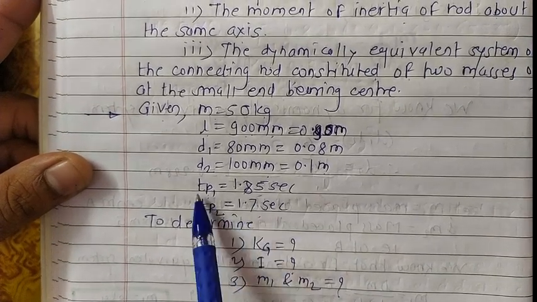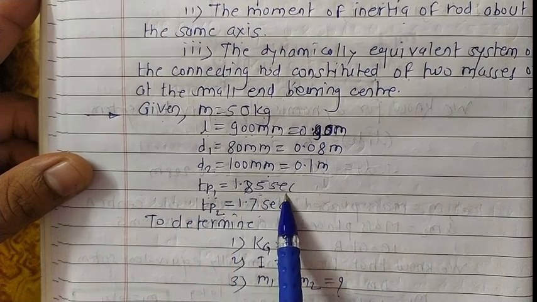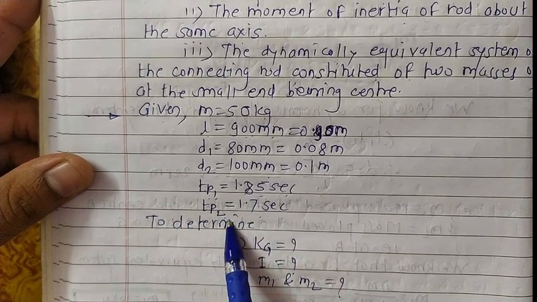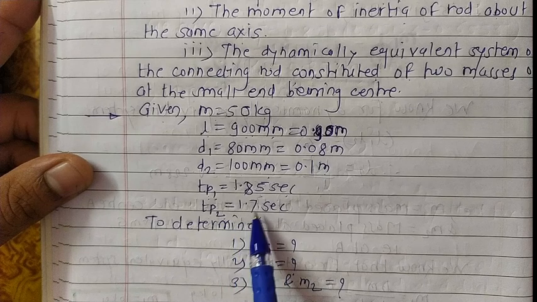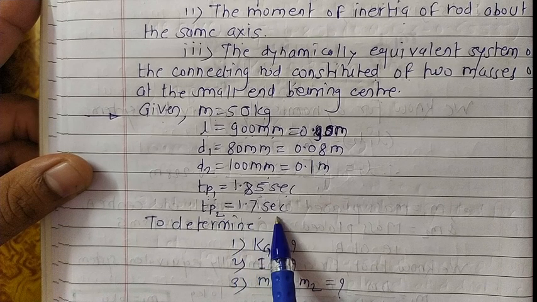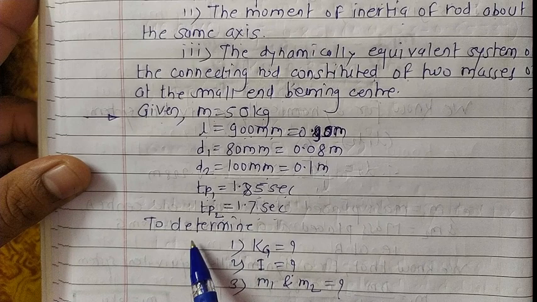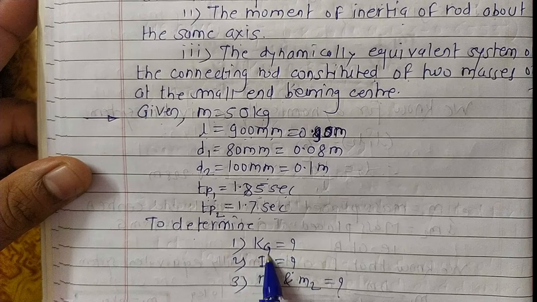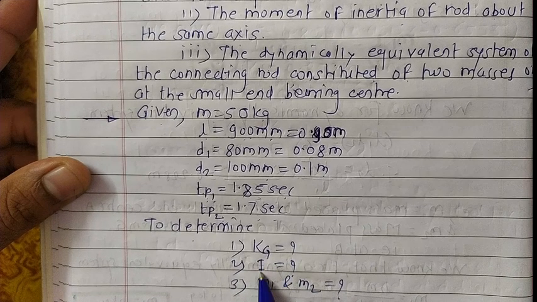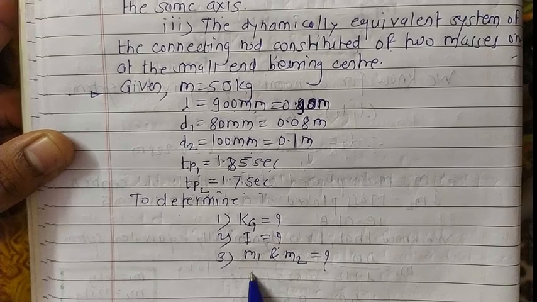So TP1 is 1.85 seconds and TP2 is 1.7 seconds. Our ultimate aim is to find the radius of gyration kg, then the mass moment of inertia, and then the dynamical equivalent system, that is m1 and m2.